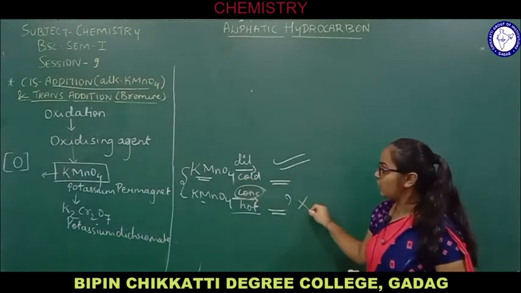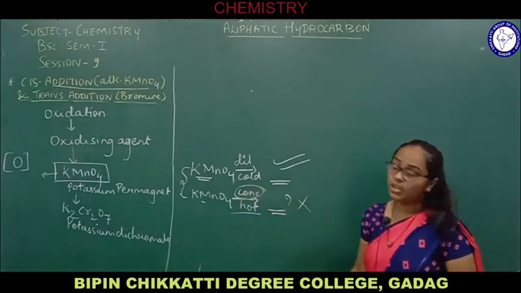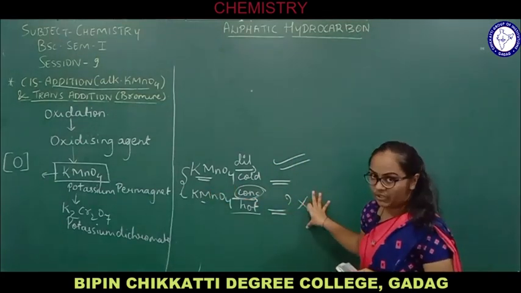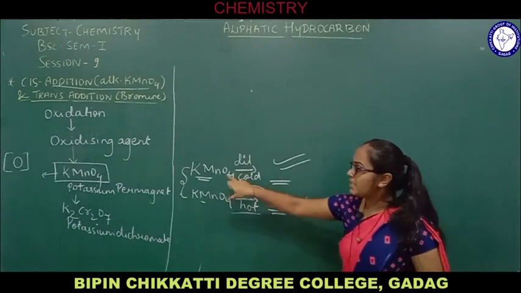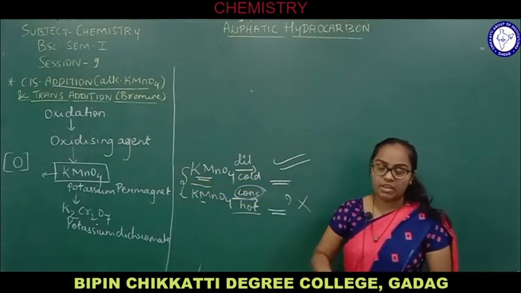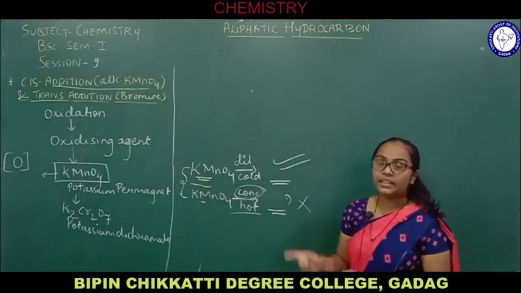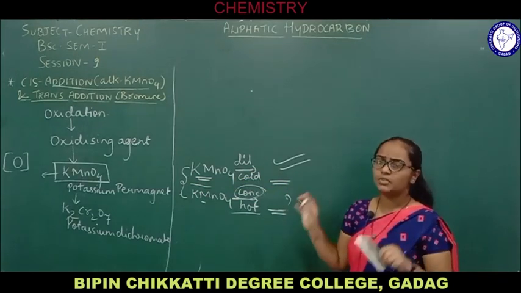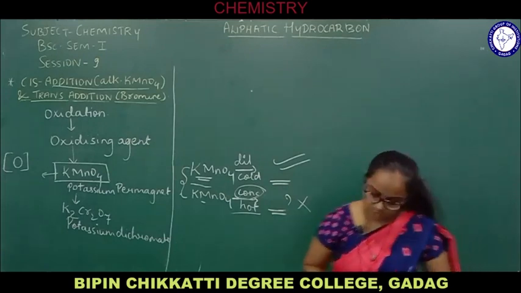We are not going to focus upon the concentrated hot KMnO4, which when treated with olefin gives another product. So we emphasize only diluted, cold KMnO4, where a certain important product is obtained, that we are going to study here.